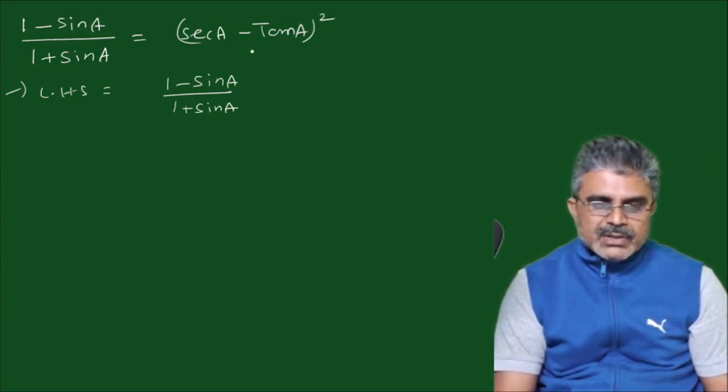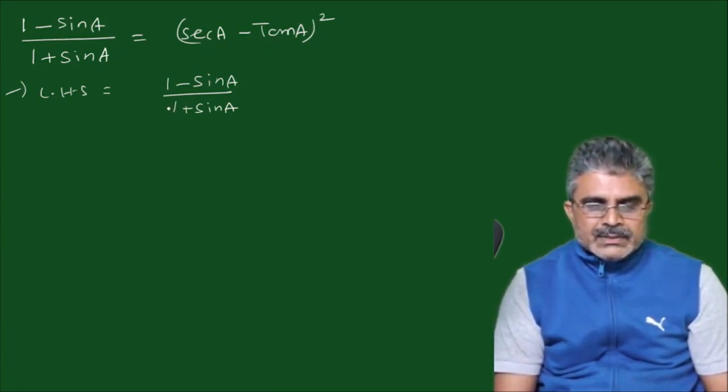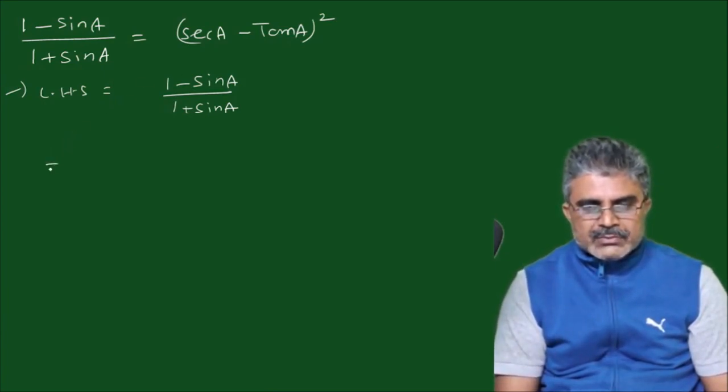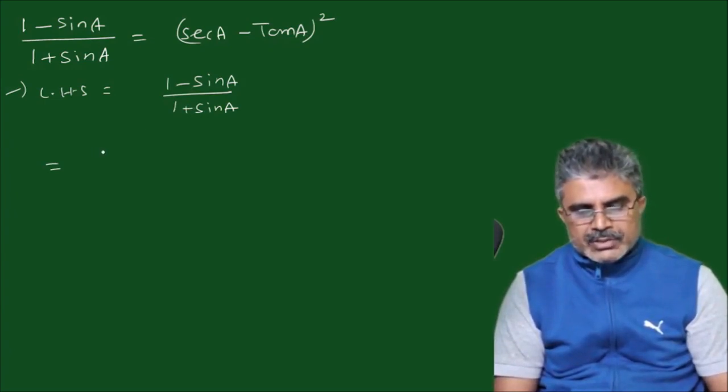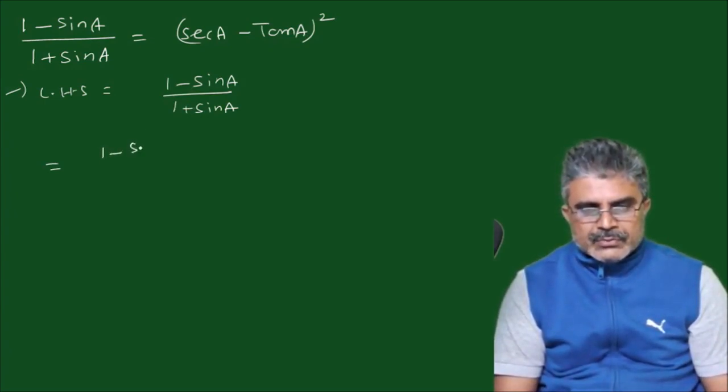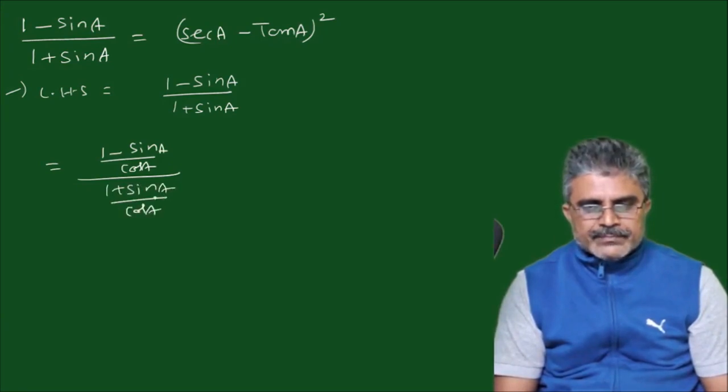On right hand side you have secant A and tan A. Any one you can take. I am taking LHS. So in LHS I want to multiply or divide both numerator and denominator with cos A, like in numerator also, denominator also. So 1 minus sin A by cos A divided by 1 plus sin A by cos A.